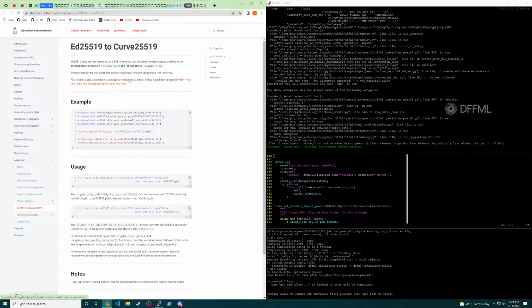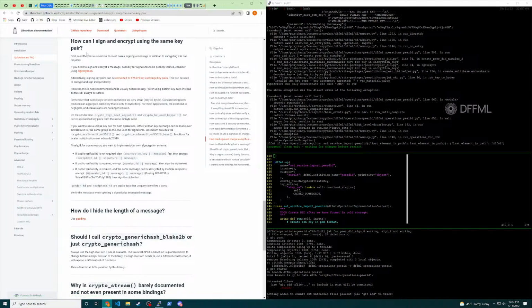Okay, so Libsodium has routines to do this. Authentication, encryption, and signatures. Okay. Yeah, so this is actually irrelevant, I'm realizing.